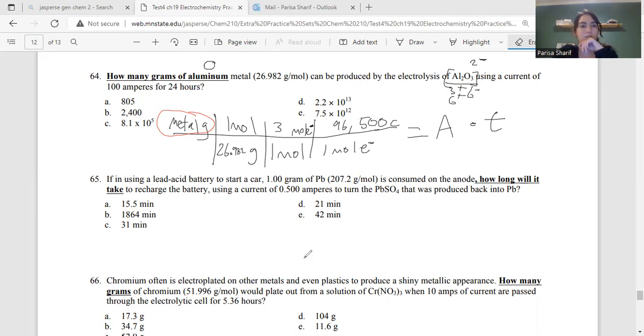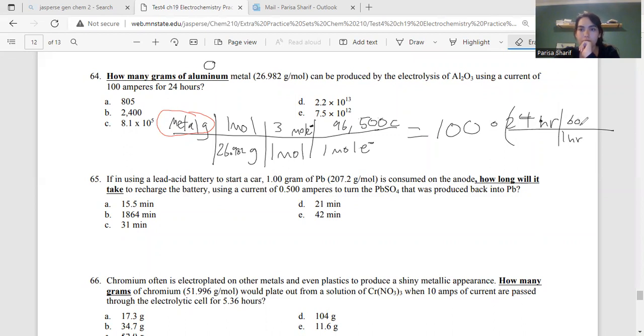We just need to plug in our amps and our time. So we had 100 amps, and then we have 24 hours. And then we know 1 hour is 60 minutes and 1 minute is 60 seconds. Cool.